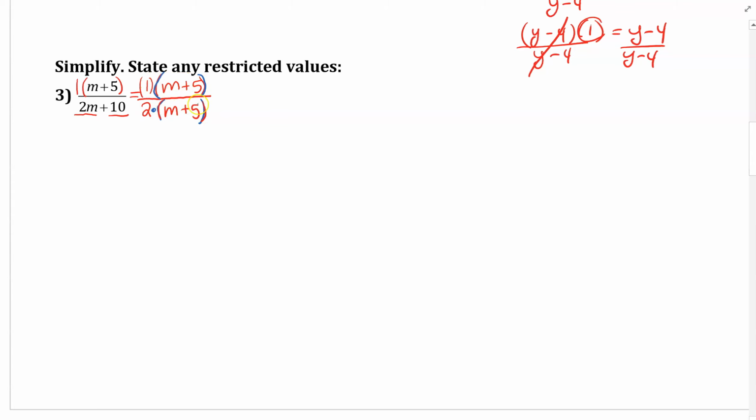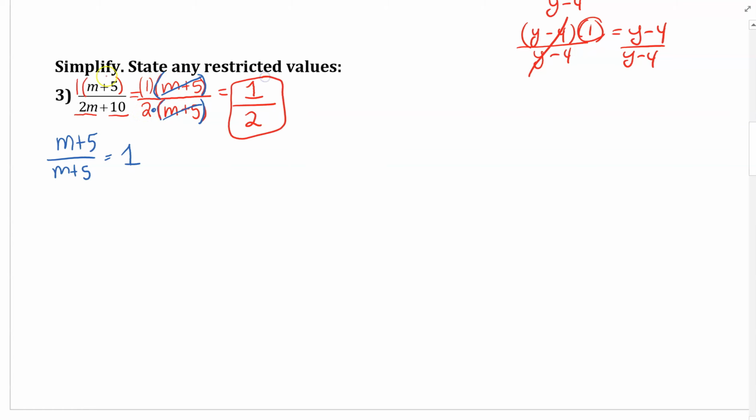Both the numerator and the denominator have a common factor of m plus 5. And if you divide m plus 5 by itself, it will equal 1. It cancels out, right? We say cancels out to equal 1. And so what I'm left with is 1 divided by 2. Or 1 times 1 divided by 2 times 1, which equals 1/2.